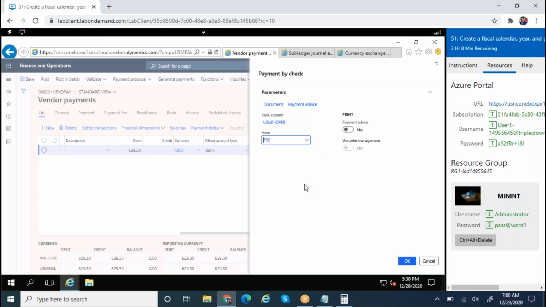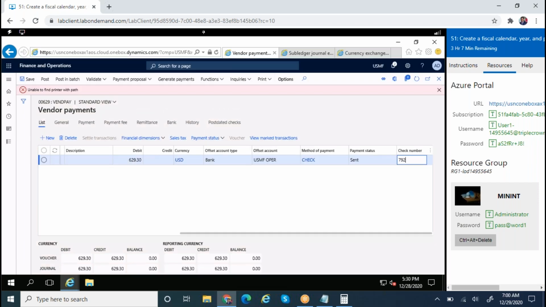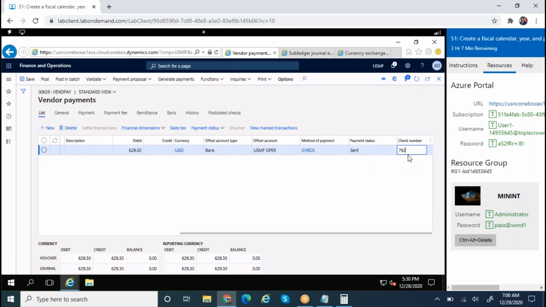The number will be updated here. This you know already. If you want, the document will go to the printer. I don't have any printers, no issues. If default printers are there, try to change it to screen. Printing is not done properly, no issues, that is a printing issue here, but the check number is updated.